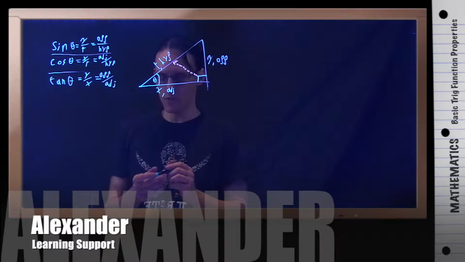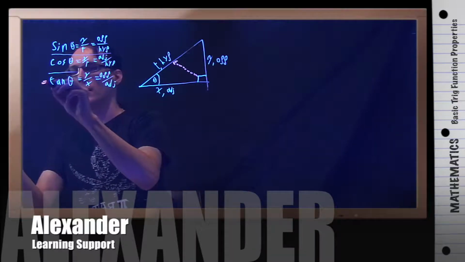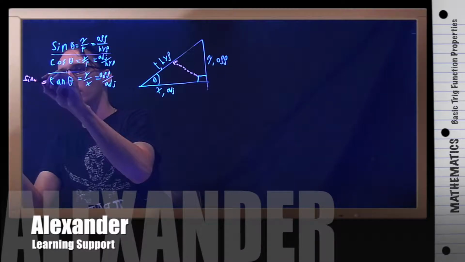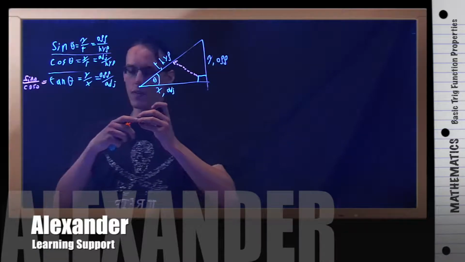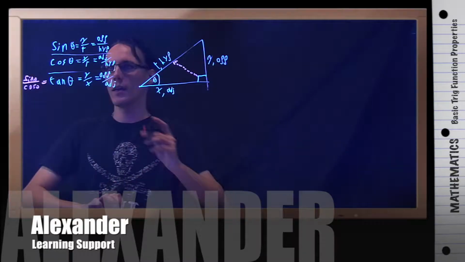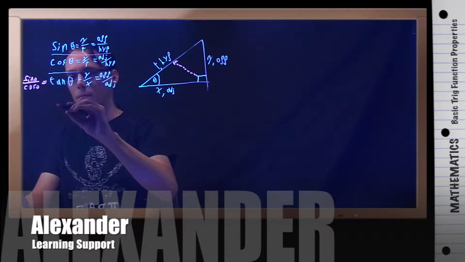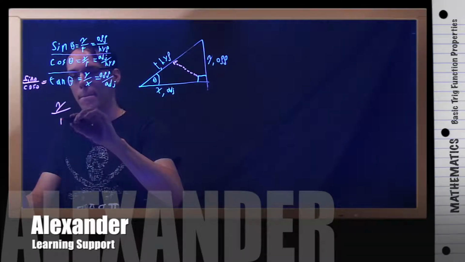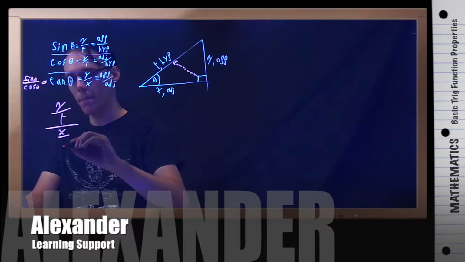What's kind of nice here as well is that tangent actually is also the same thing as sine divided by cosine. If you do some of the algebra here, you take what I wrote for sine and cosine, y over r and x over r. So y over r divided by x over r.